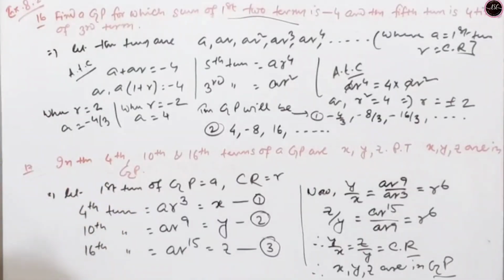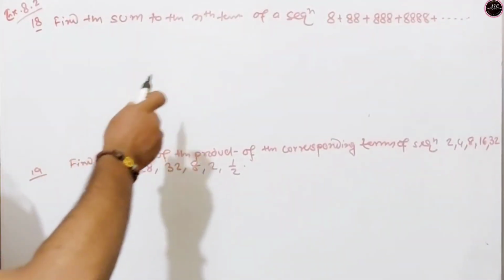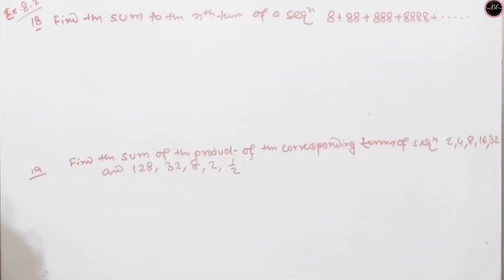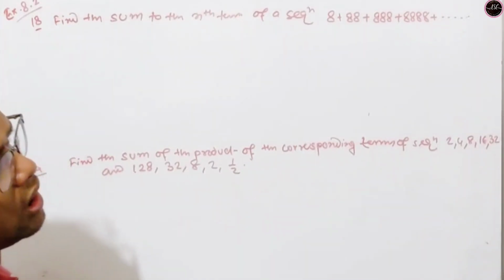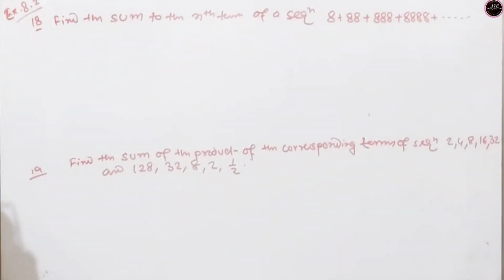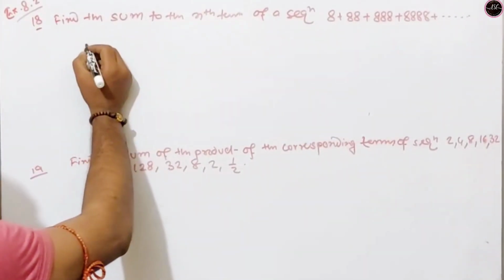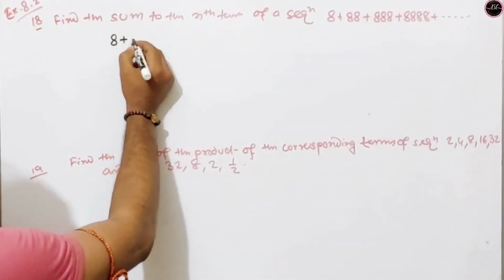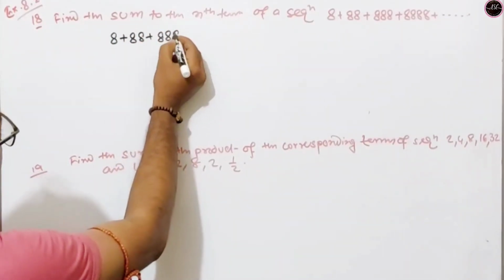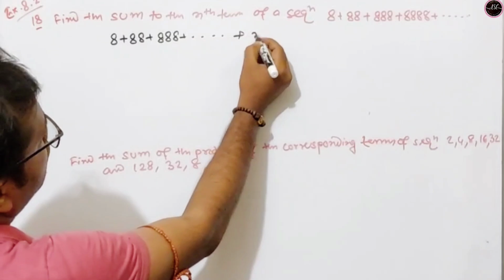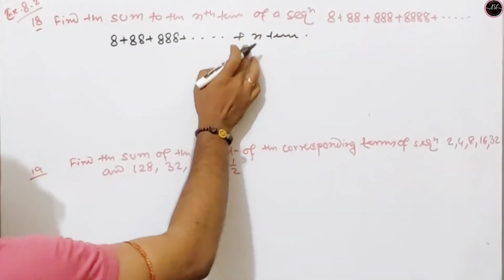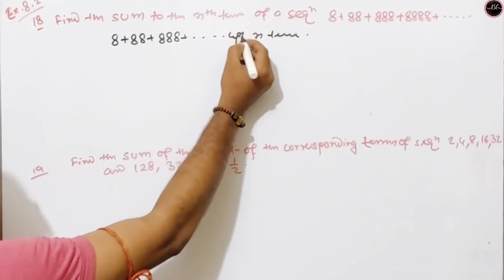Okay. Then look at this question. Find the sum to the nth term of the sequence 8 plus 88 plus 888 plus 8888 plus dot dot. So we can write the sum as 8 plus 88 plus 888 plus dot dot dot up to nth term. Okay, up to nth term.